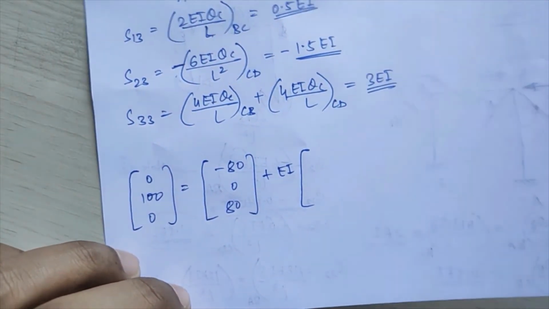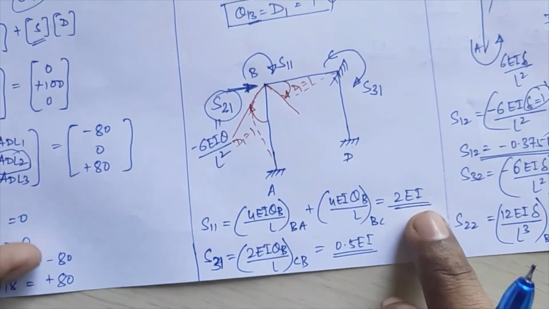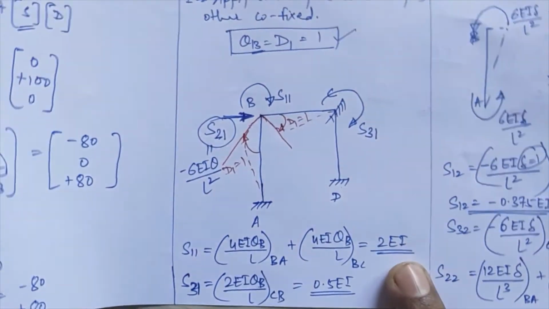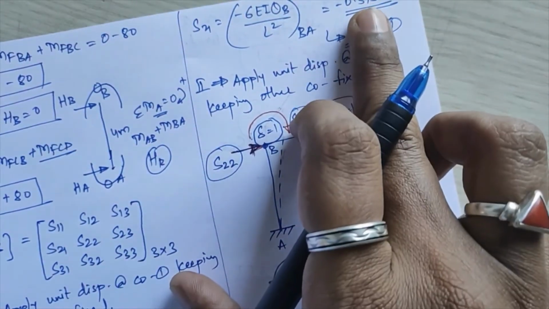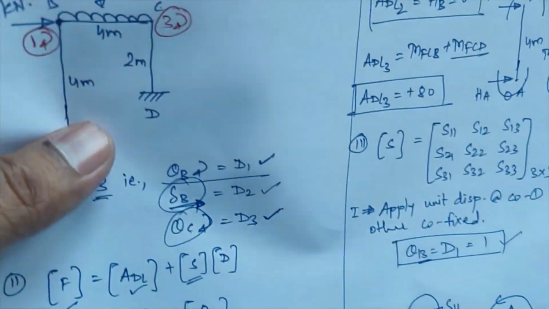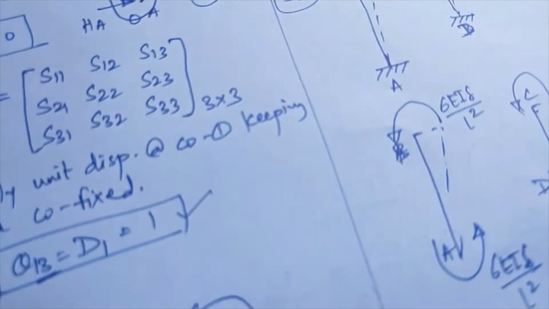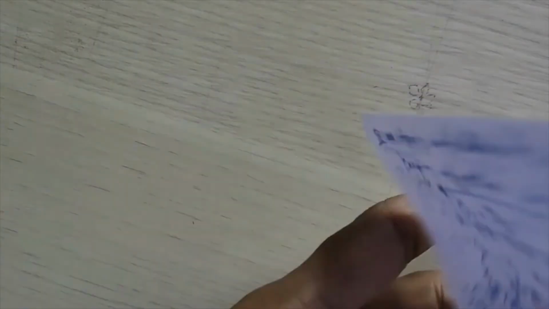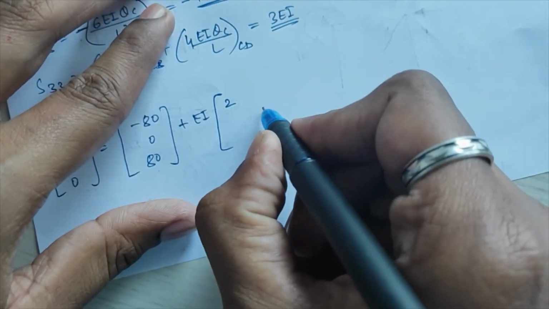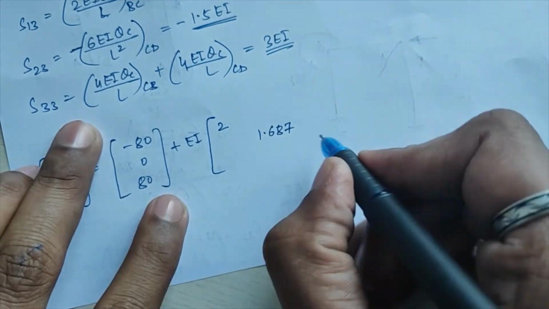Next, S of 1, 1 that I have got 2EI. S of 2, 1 I have got as 0.375 and S of 3, 1 I am getting as 0.5. So I'll write all these values first. S of 1, 1 is 2, S of 2, 2 I have got as 1.687, and S of 3, 3 I am getting as 3.